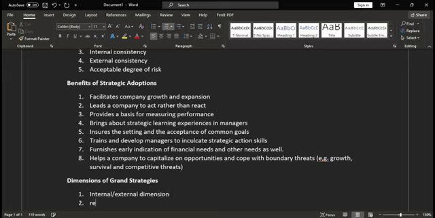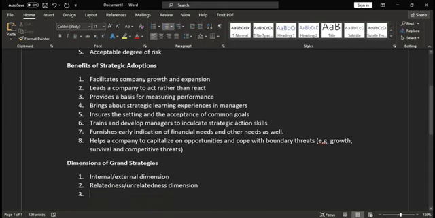Two, we have the relatedness or unrelatedness dimension. Three, horizontal or vertical dimension.